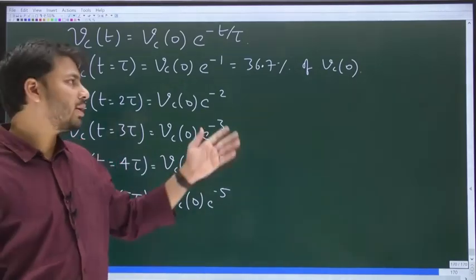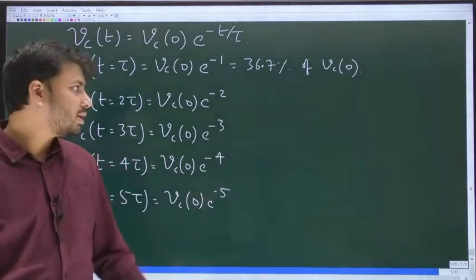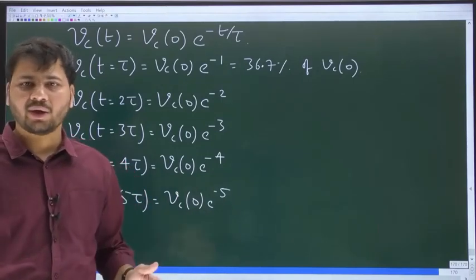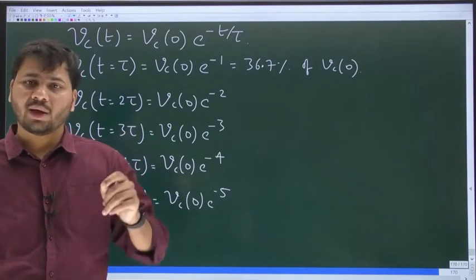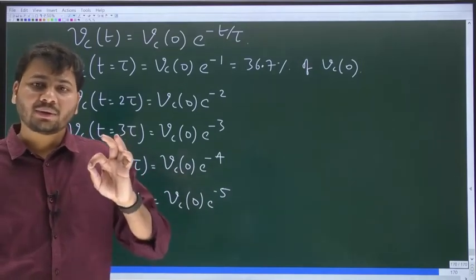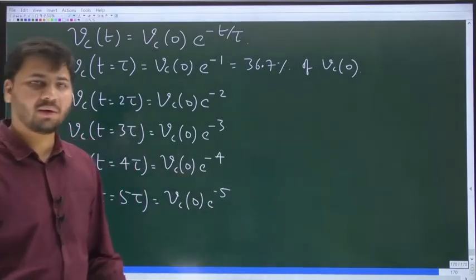In fact, it is 0.368 something, which is approximately 0.37. So after 1 time constant, the voltage across the cap will decay to 37% of its initial value.